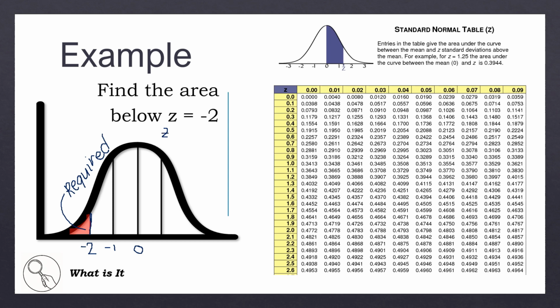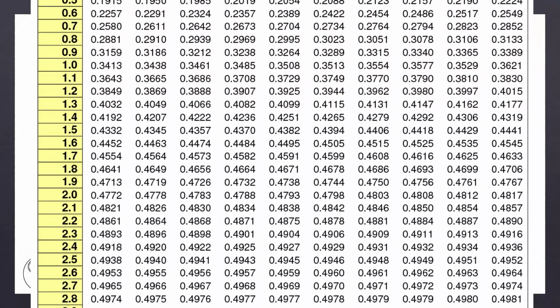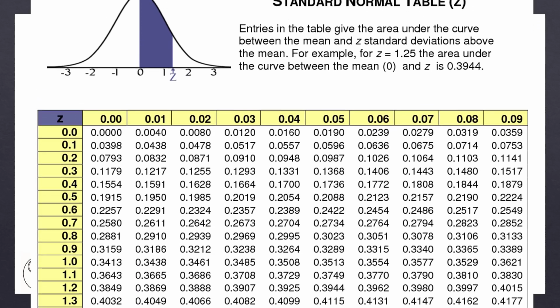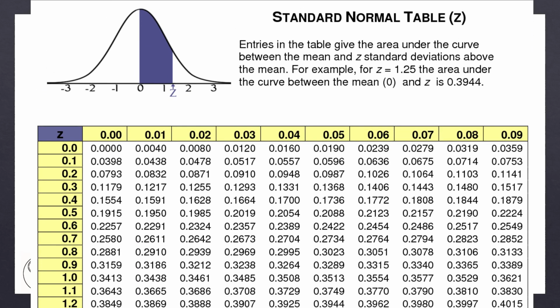Paalala, maraming versions ang standard normal table, pero ang gagamitin nating standard normal table ay ang nakikita ninyo sa inyong screen, kung saan ang mga values na makukuha natin ay palaging between 0 and the z-score value. At kung mapapansin ninyo ay walang negative sign ang mga z-score na yan. Yan ay dahil ang normal distribution curve ay symmetrical.